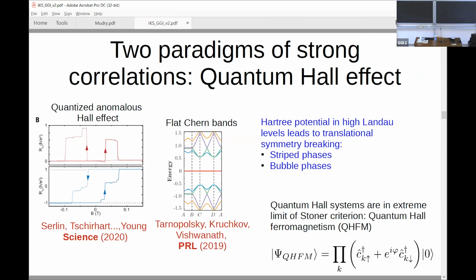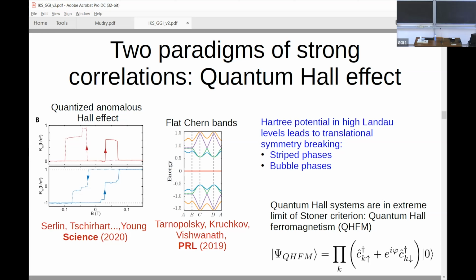The second paradigm of strong correlation physics, of course, is the quantum Hall effect. And again, there are connections between twisted bilayer graphene and the quantum Hall effect. On the one hand, in experiments, people have observed this quantized anomalous Hall effect, where you see the Hall resistivity being precisely quantized to this h/e² unit.